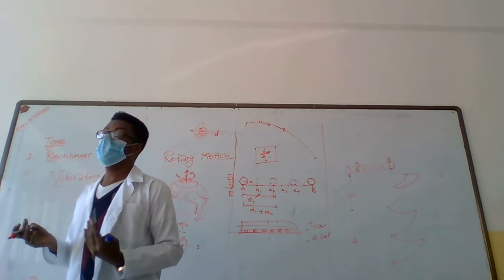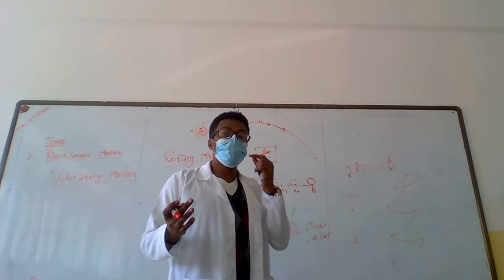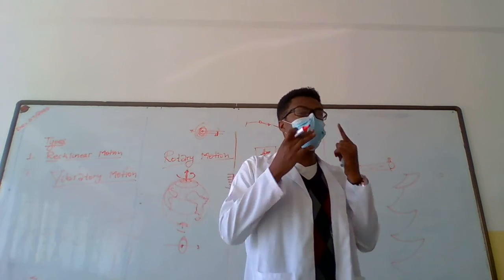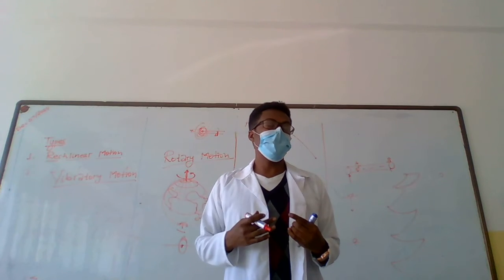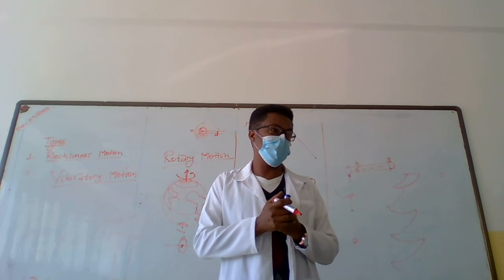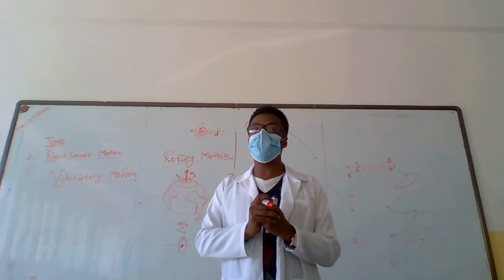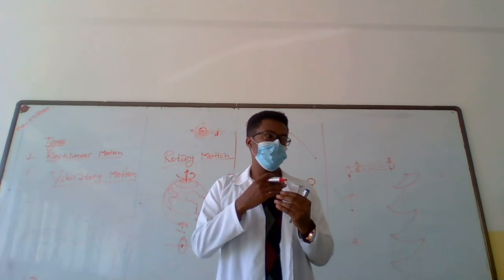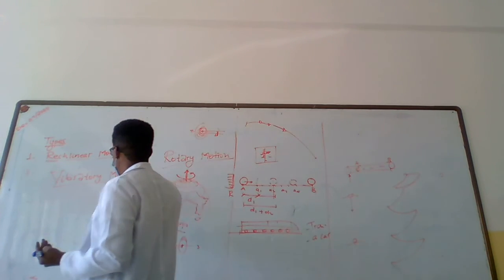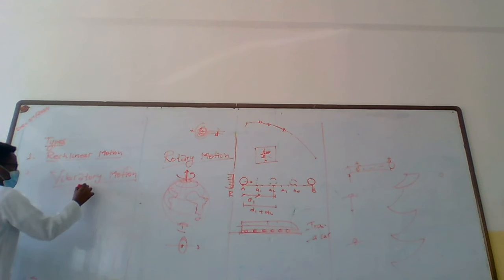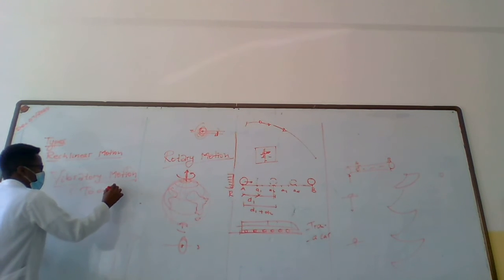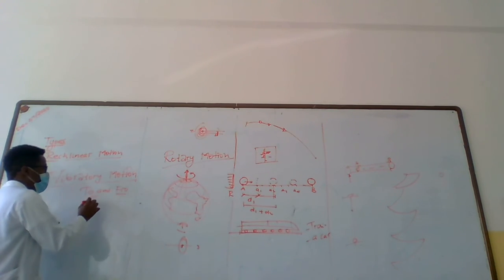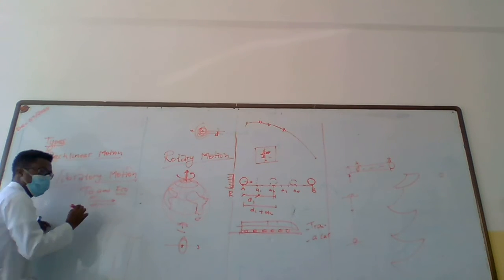Vibratory motion, or we call it a to and fro motion, is a result of vibration. So the particle follows a path to and fro. It is going forward and backward.